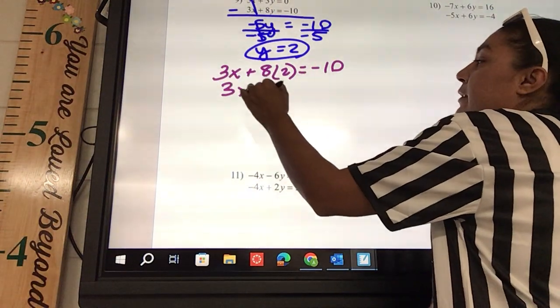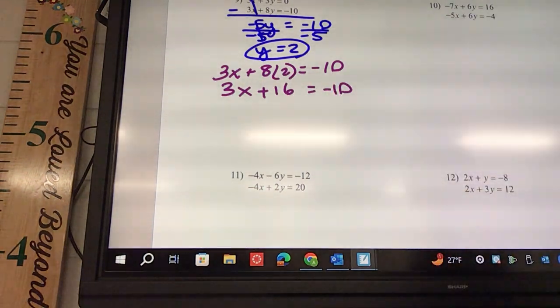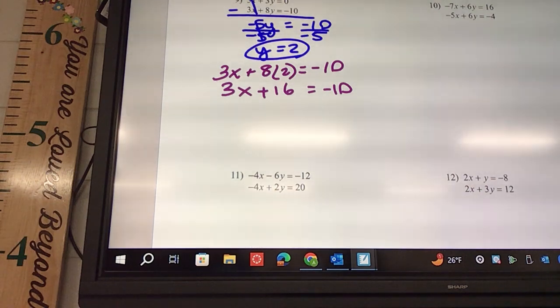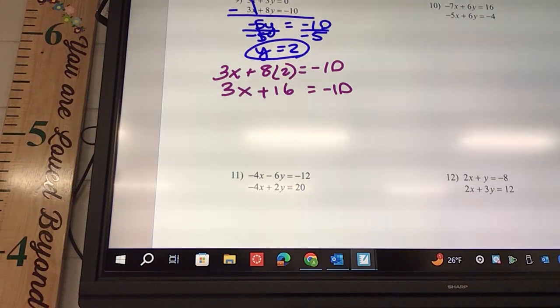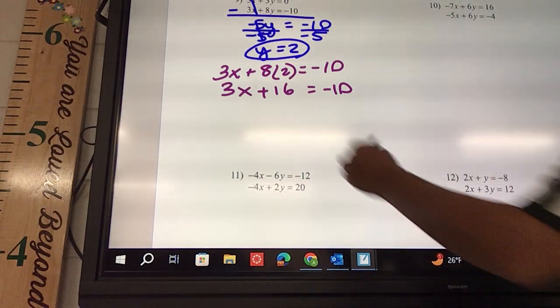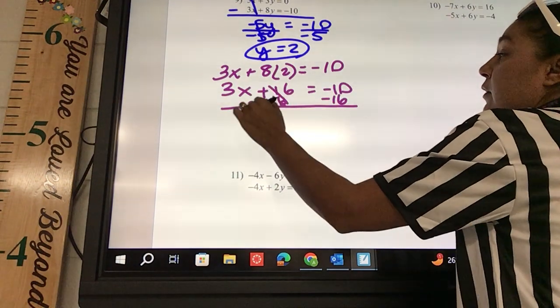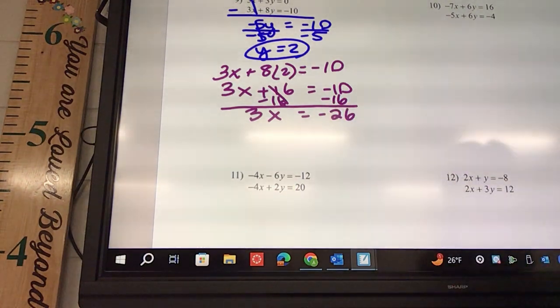Okay, so 3x, and then we're gonna get 8 times 2, which is 16, and a -10. Then what needs done? Minus the 16. -16. So I'm gonna get 3x equals -26.